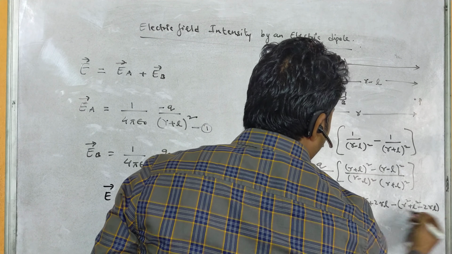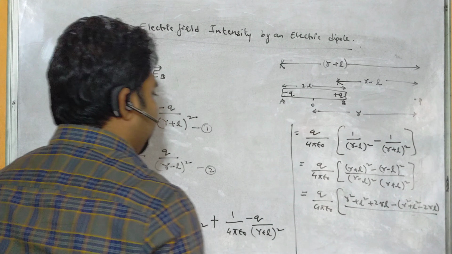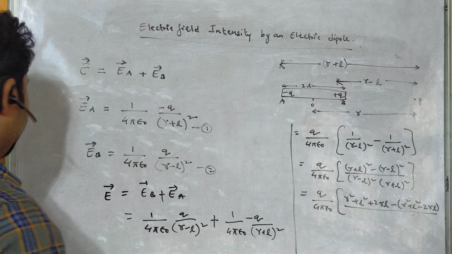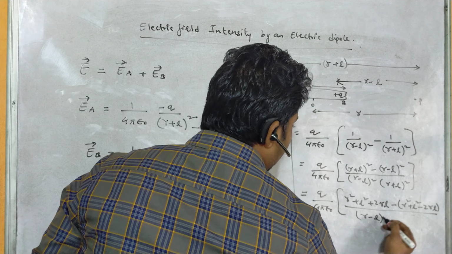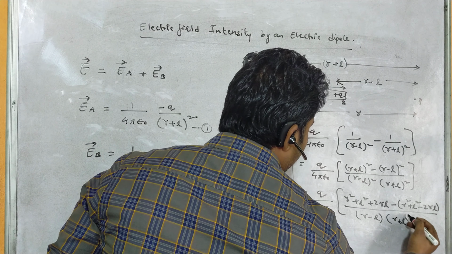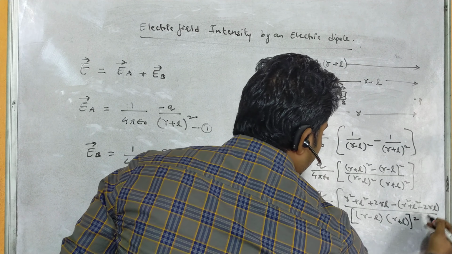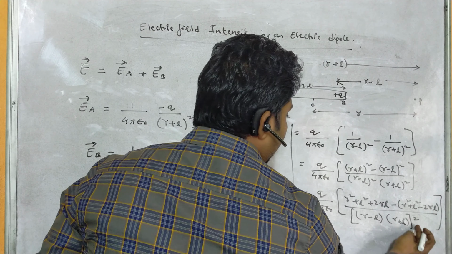We have to expand the brackets. So we will get here (R minus L)(R plus L) whole square, right? This total square we have taken outside the bracket.